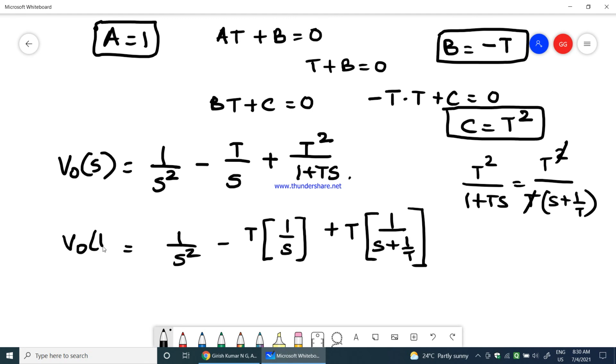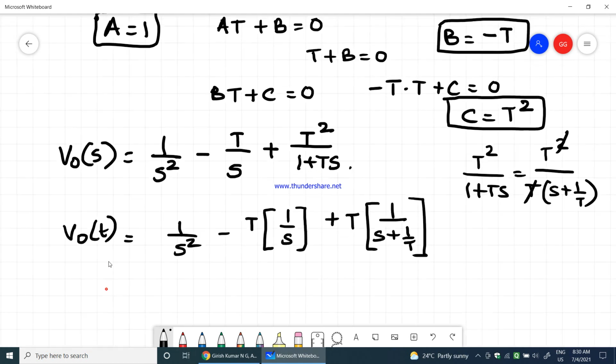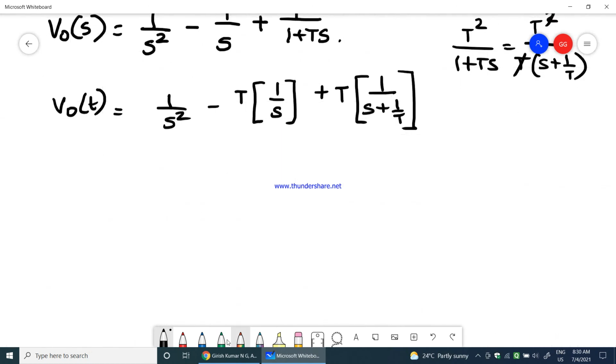Now you apply the Laplace inverse for this. So what do we get? This is V out of s. So now v out of t equals the Laplace inverse of 1 over s square, which is t.